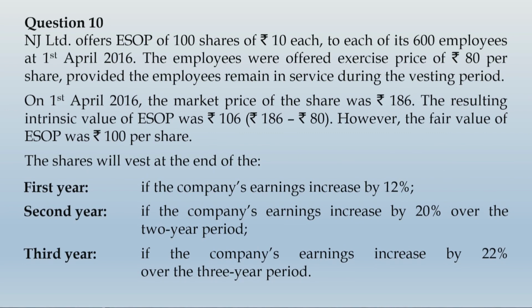However, the fair value of ESOP was rupees 100 per share. The shares will vest at the end of the first year if the company's earnings increase by 12%. It will vest at the end of second year if the company's earnings increase by 20% over the 2-year period, and it will vest by third year if the company's earnings increase by 22% over the 3-year period.